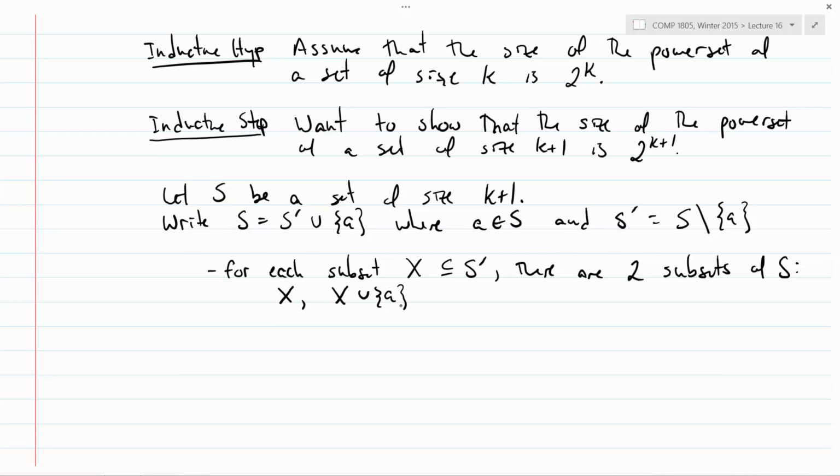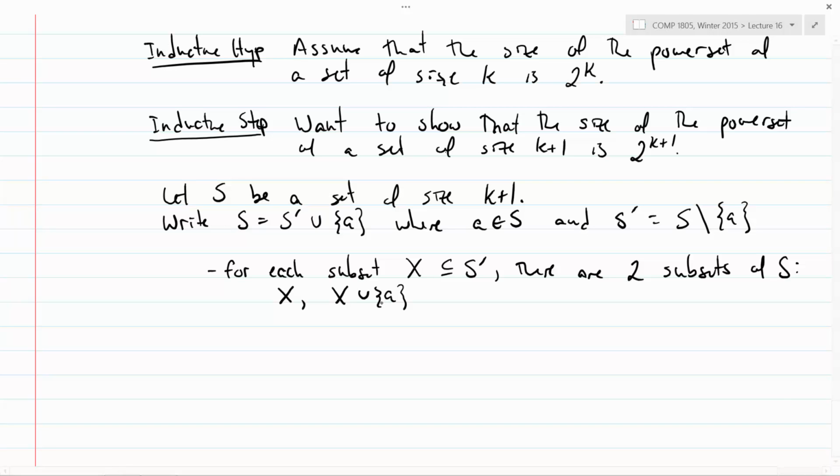And you know that that always produces a different subset because A is not in S prime, right? S prime is S minus A, so A definitely can't be in S prime. A itself would come when you look at the empty set as a subset of S prime, and then the empty set union A would be A on its own.